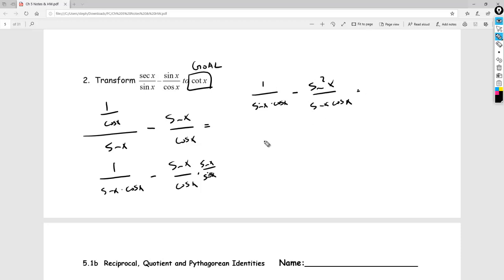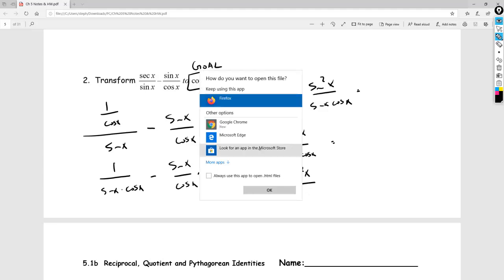And now I can combine my fractions. So I end up with 1 minus sine squared of x over sine of x times cosine of x. This right here, again, I can use my Pythagorean identity and straight substitute cosine squared of x in for 1 minus sine squared of x.